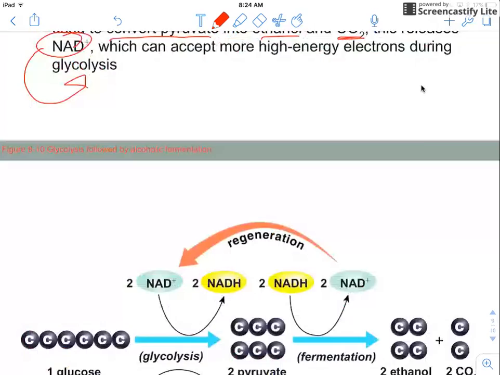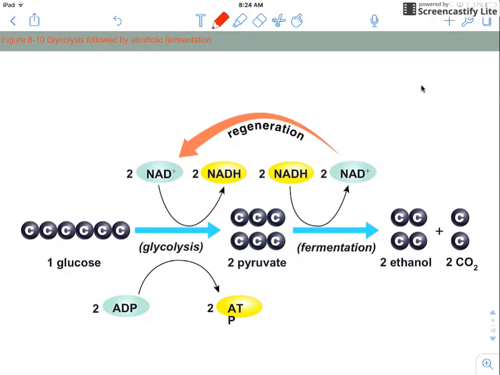So let's have a look at that. Here is our alcohol fermentation. As you see, it looks very familiar. The beginning part is, of course, exactly the same, glycolysis. We use up NAD+ and get NADH, and we produce a net of 2 ATP from ADP.